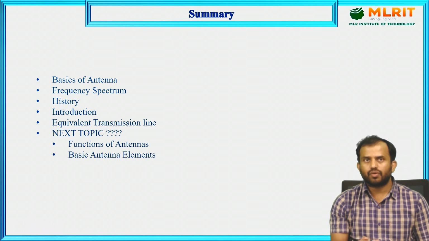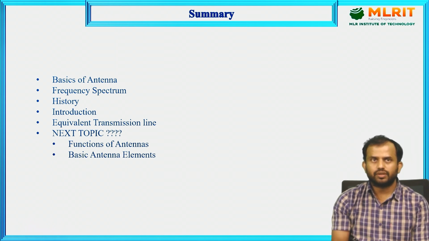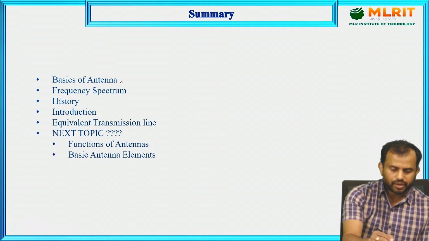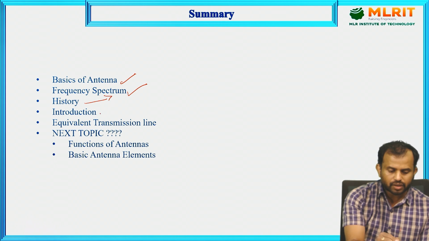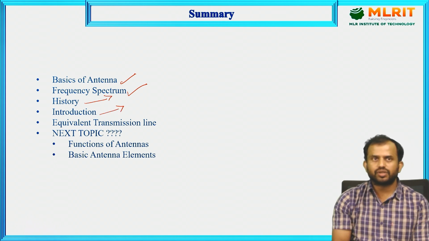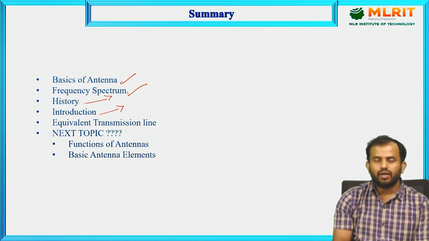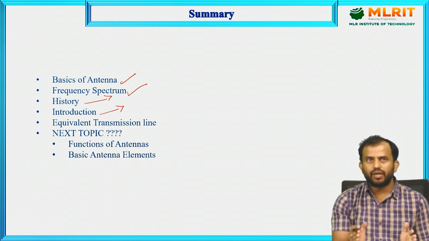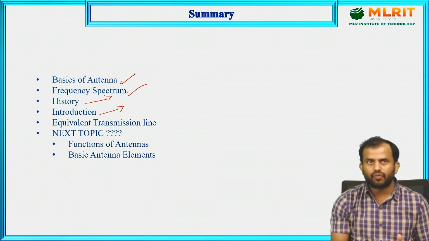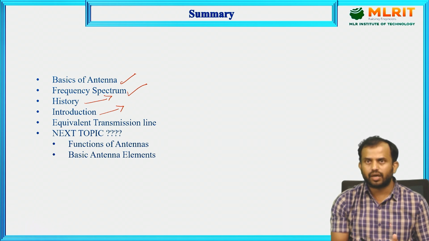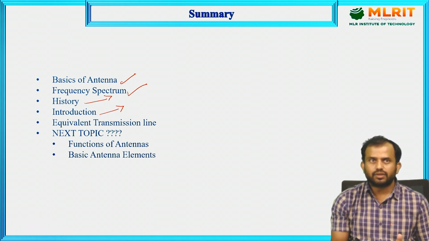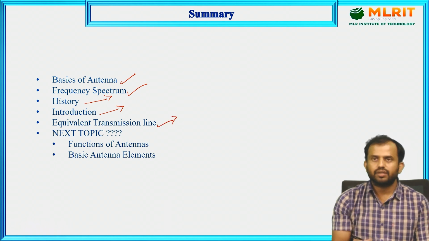Concluding the previous slides, here is a summary. In the previous section, we discussed the basics of antennas, the frequency spectrum of antennas, the history and development of antennas, and the definition and introduction of antennas. We focused on the importance of the frequency spectrum, and on the history and development of antennas, meaning where antennas started and how they grew. Third, we discussed the definition and the spectrum of the transmission line.